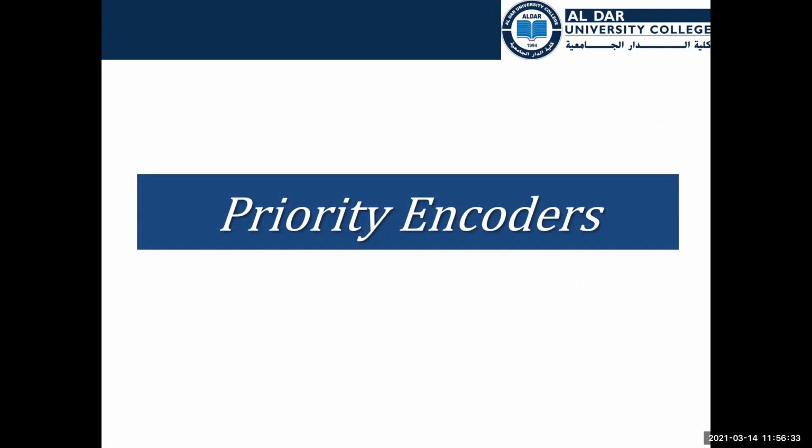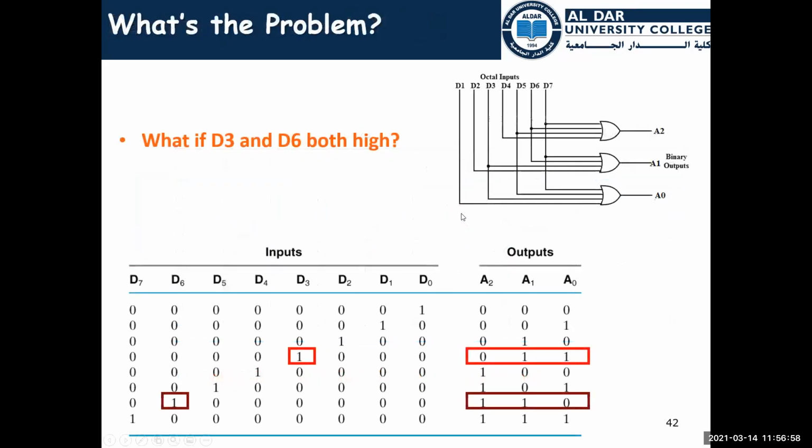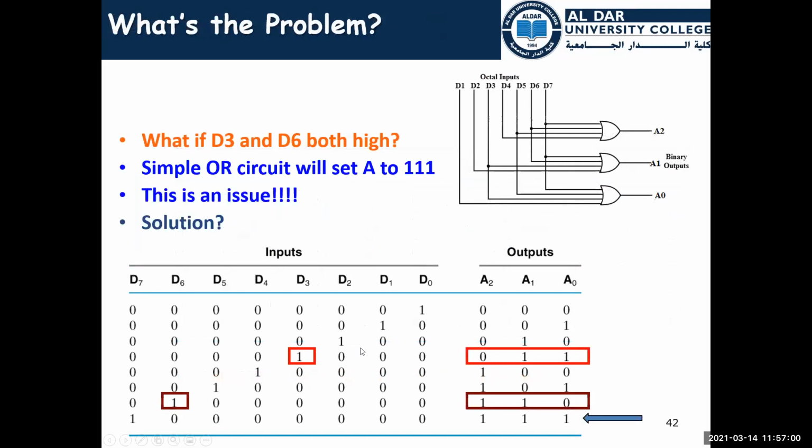Okay, so priority encoders. If we look at the encoders, we will see that one input is active at a time. But in case we have two inputs active at a time, what will happen?